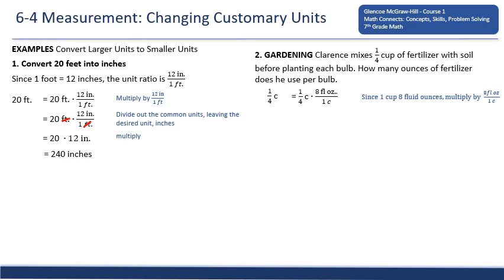So we have a quarter cup times 8 fluid ounces over 1 cup. And we know we can divide out the common units. And that leaves us with 1/4 times 8 fluid ounces over 1. So if we multiply, we get 8 over 4, which simplifies to 2.